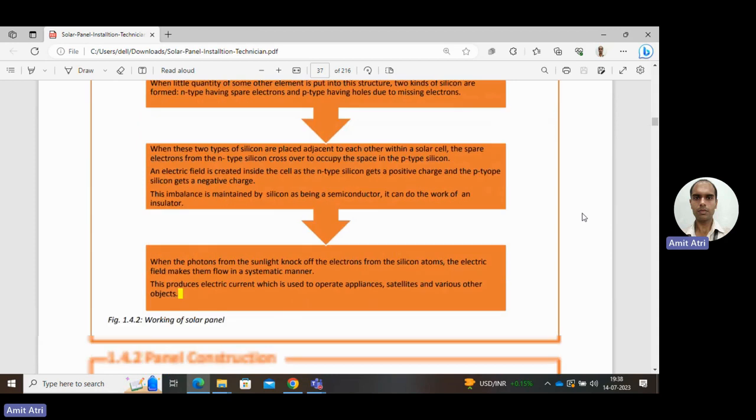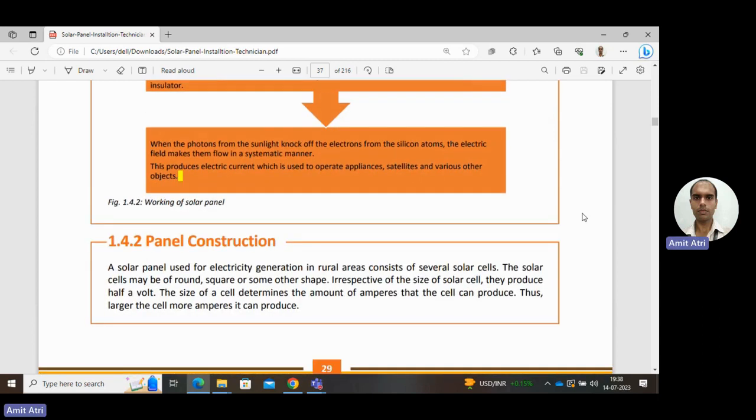Now we have an electrical imbalance due to light. The free electrons start moving and they constitute the current in the outer circuit. This type of electric energy obtained is clean, environment friendly, and can be utilized to power a number of devices.